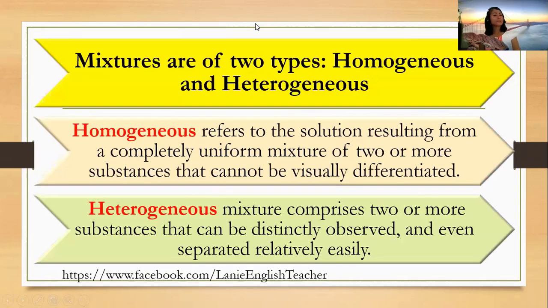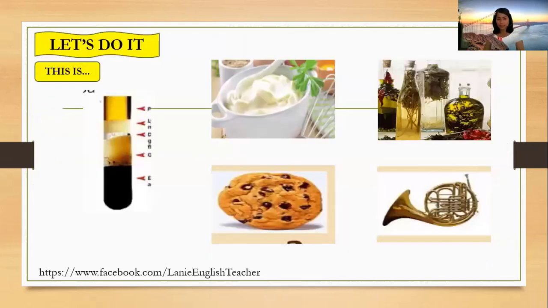So again, you have learned that mixtures are of two different types: homogeneous and heterogeneous. Homogeneous refers to the solution resulting from a completely uniform mixture of two or more substances that cannot be visually differentiated, while heterogeneous mixture comprises two or more substances that can be distinctly observed and even separated relatively easily.